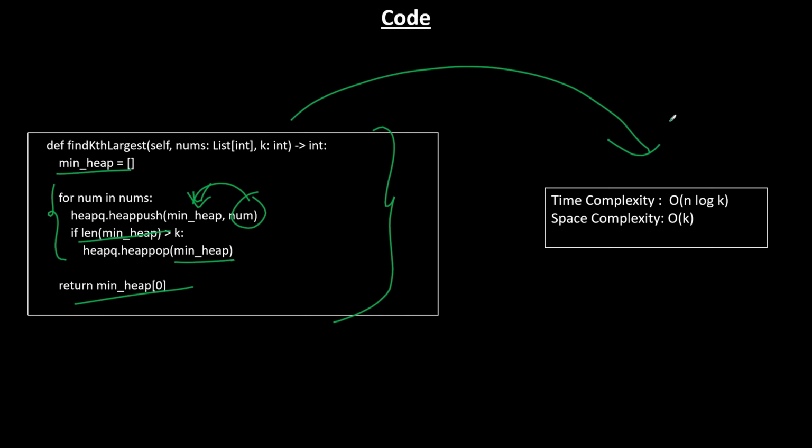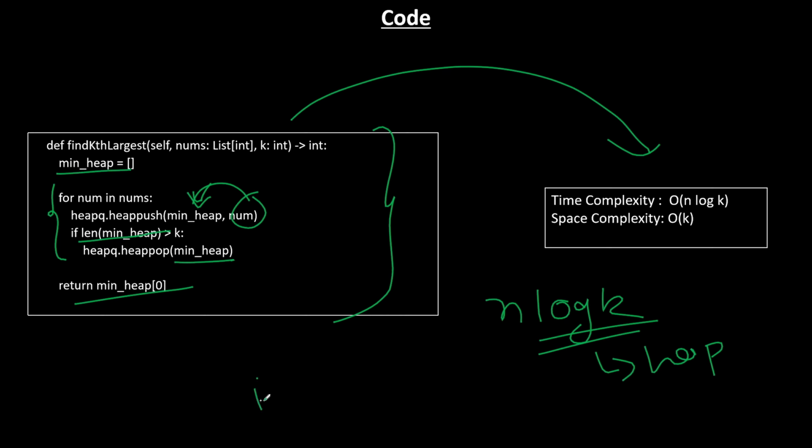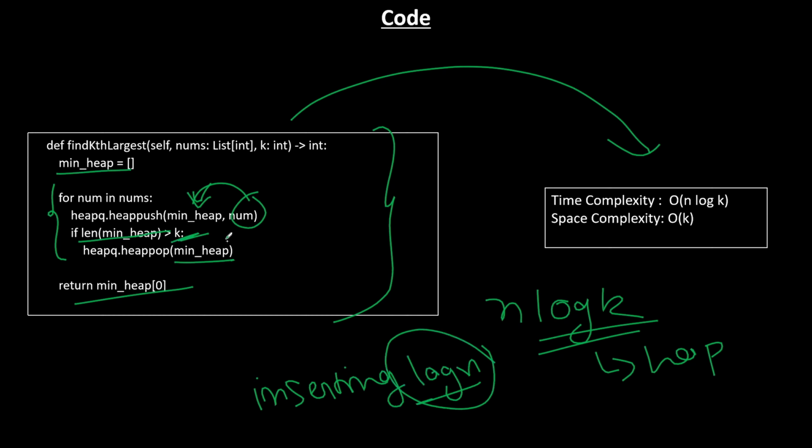The time complexity comes out to be n log k. This log k is the time complexity of the heap, because if you remember, inserting and deleting in a heap takes log n time. But since here we are only considering k elements, it is log of k. And n is there because we are traversing all the values in nums.